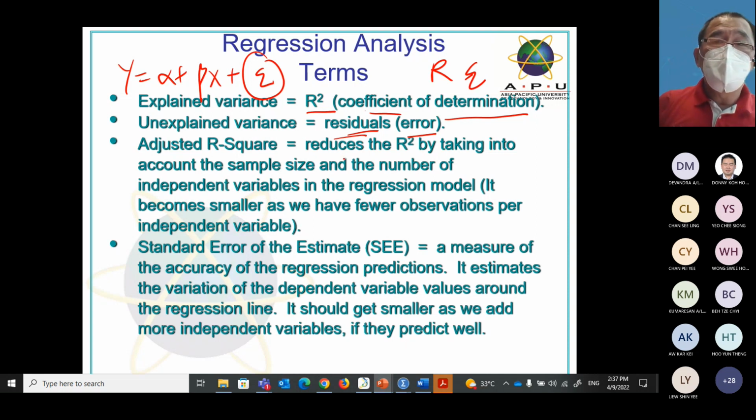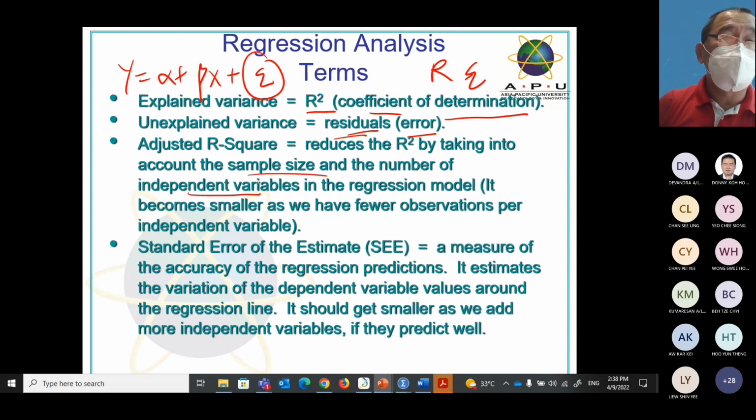Adjusted R square reduces the R square by taking into account the sample size and the number of independent variables. We discussed this just now. Normally the adjusted R square will be smaller than R square.